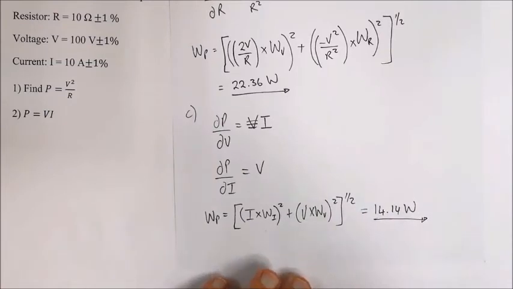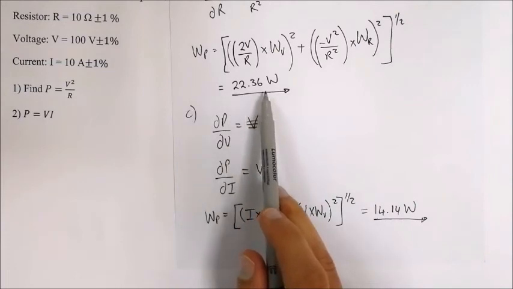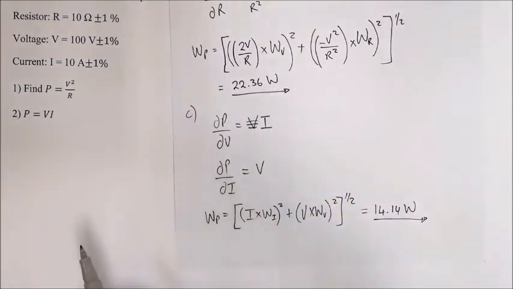Okay, now if you have a look at both of these different equations, so again where power is equal to voltage squared over resistance, or power is equal to voltage times current, we've now tried to determine the uncertainty for both of them. For the first method that we looked at we got 22.36 watts, and for the second one we got an uncertainty of 14.14 watts.